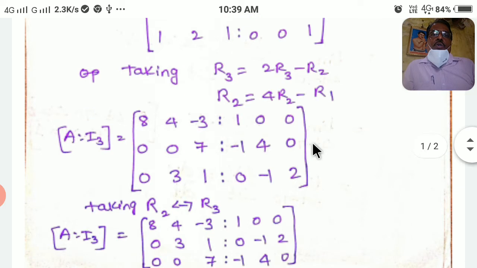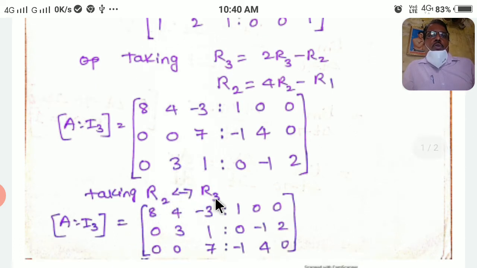To make this row like that, the two elements must be 0 and the last one must be 1. So now what we do, we exchange these two rows. Taking R2 R3 means exchanging these two rows.